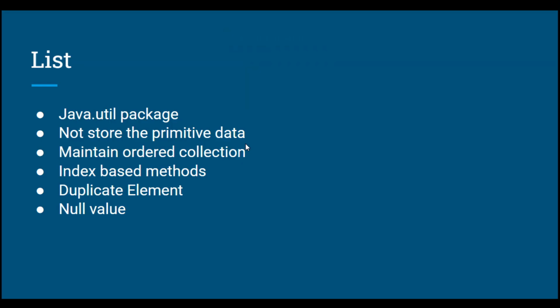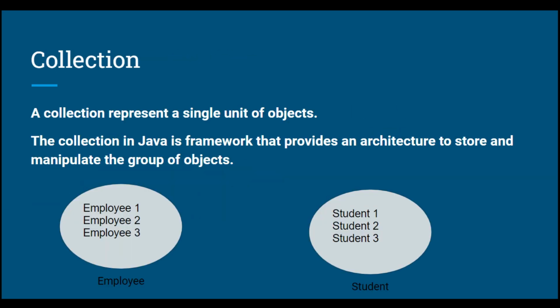We can see that all the collections and their types are present in the java.util package. So list is also present in the java.util package. If you see the definition of collection, a collection represents a single unit of objects. That means a collection only stores objects, not primitive values.